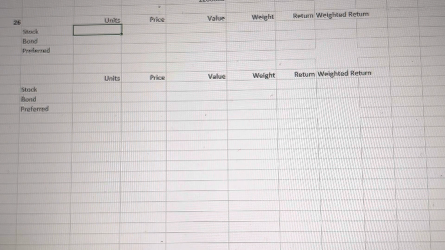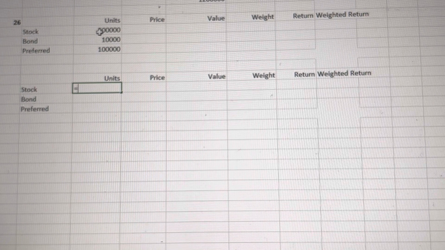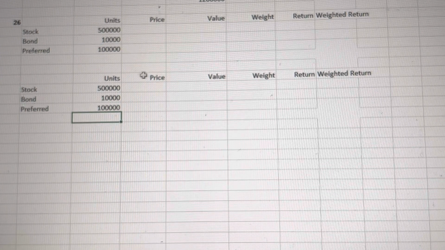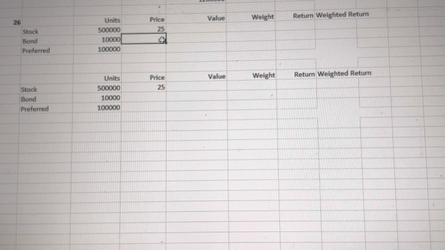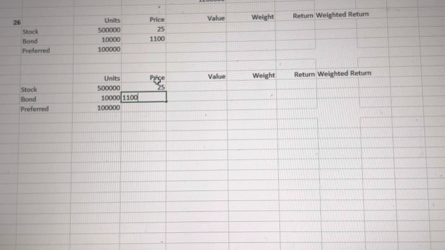The stock is 500,000 units, bonds are 10,000, and preferred is 100,000. That's the same for both parts of the question. The price per stock is $25, the price per bond is $1,100, and for preferred it's $30.